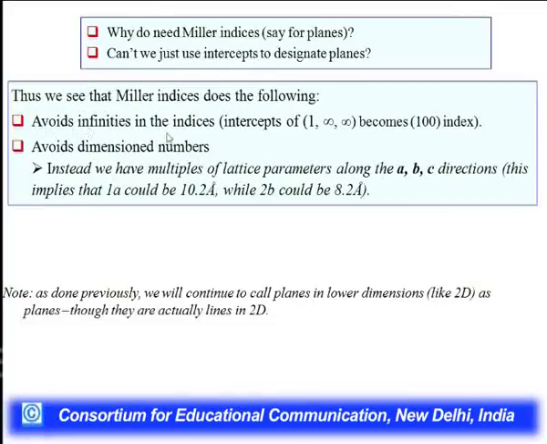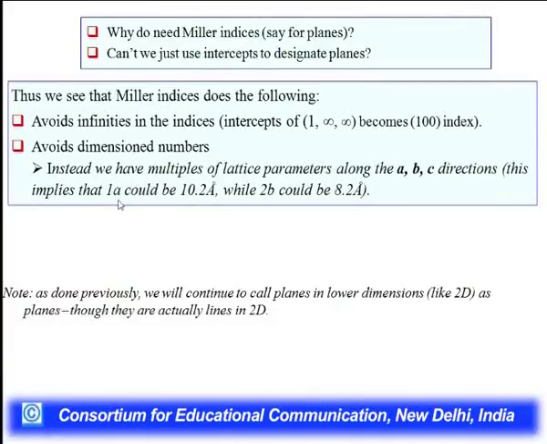It avoids infinities in the indices. An intercept of 1 and infinite becomes a 100 index. It means in Miller indices we never define the infinite. It also avoids dimensional numbers; instead we have multiples of lattice parameters along the a, b, c directions.